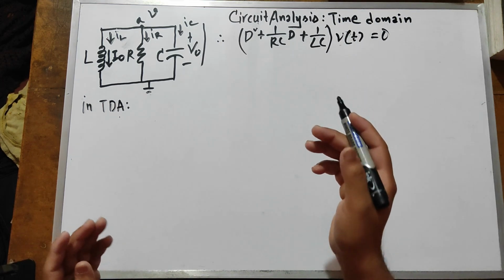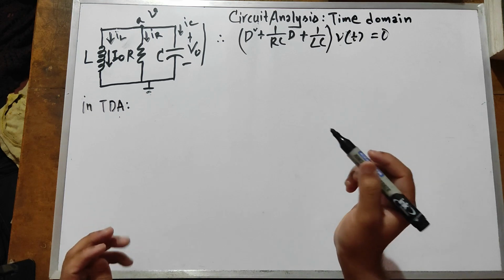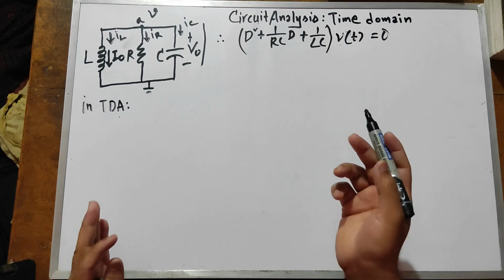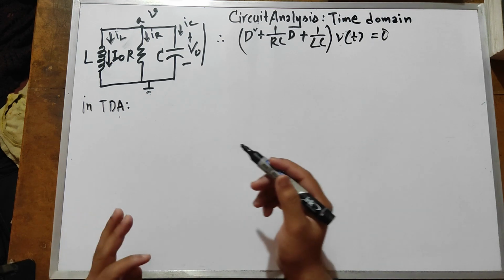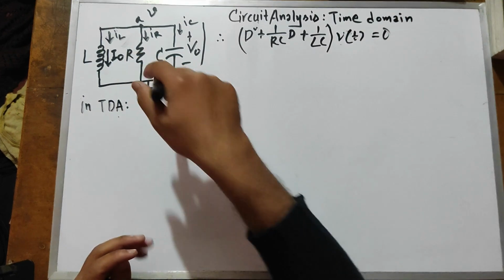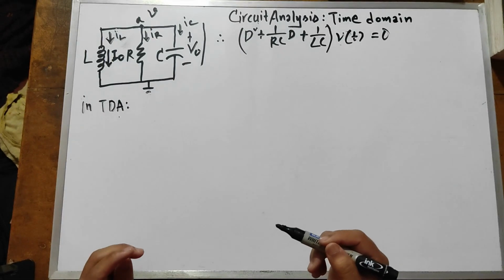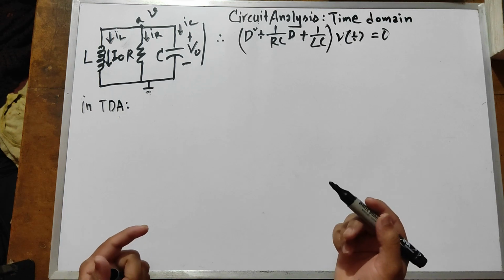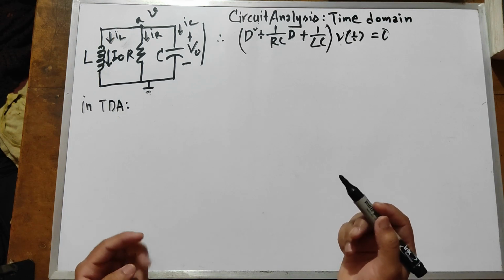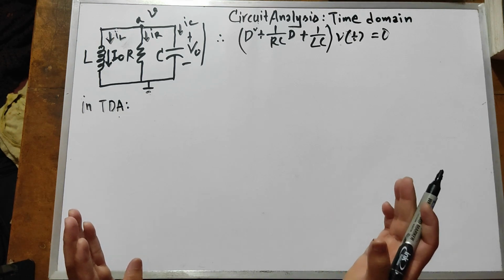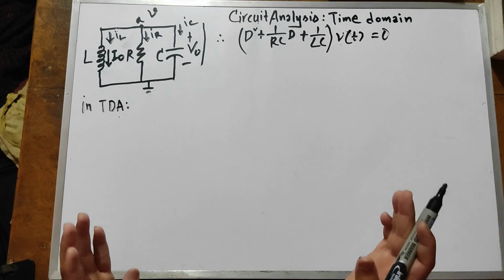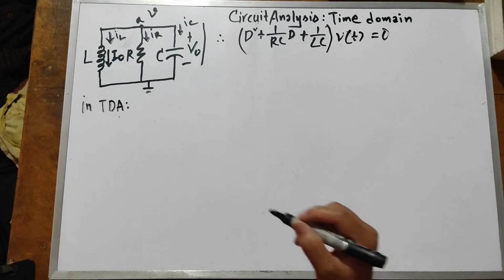To find this complementary solution, we have to solve the characteristic equation of the system, in this case for this circuit. We know that the characteristic equation is the internal structure or internal dynamics of the system itself.